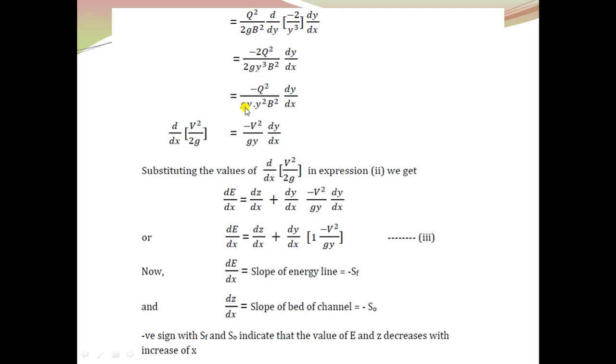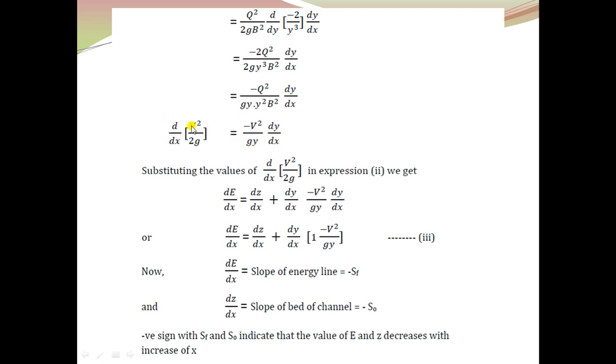So minus q square divided by g y into y square b square into dy by dx. Now q divided by b into y we can write as v. So q square divided by b square y square will be v square. So this equation we can rewrite as minus v square divided by gy into dy by dx.